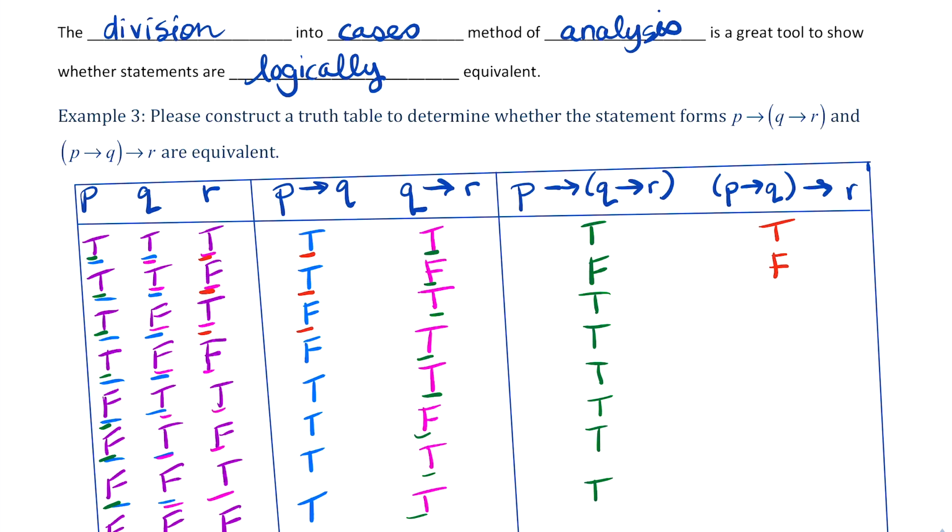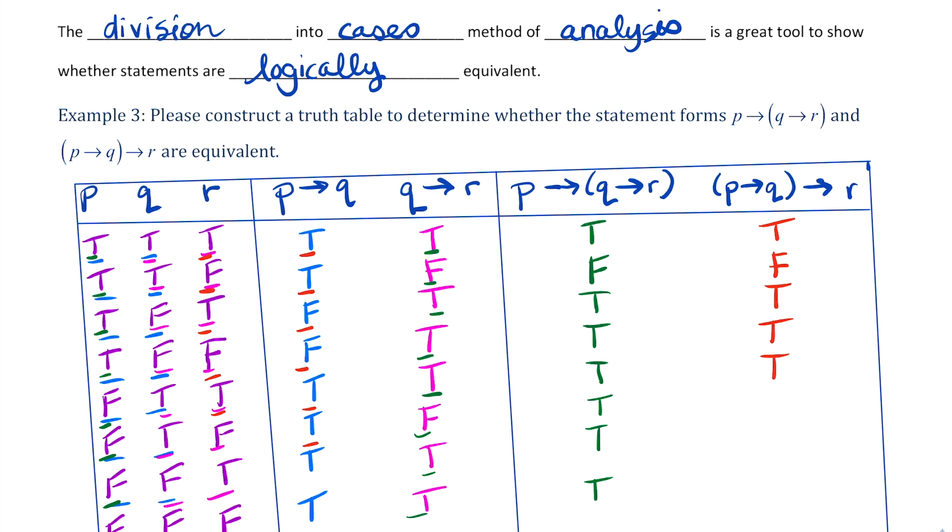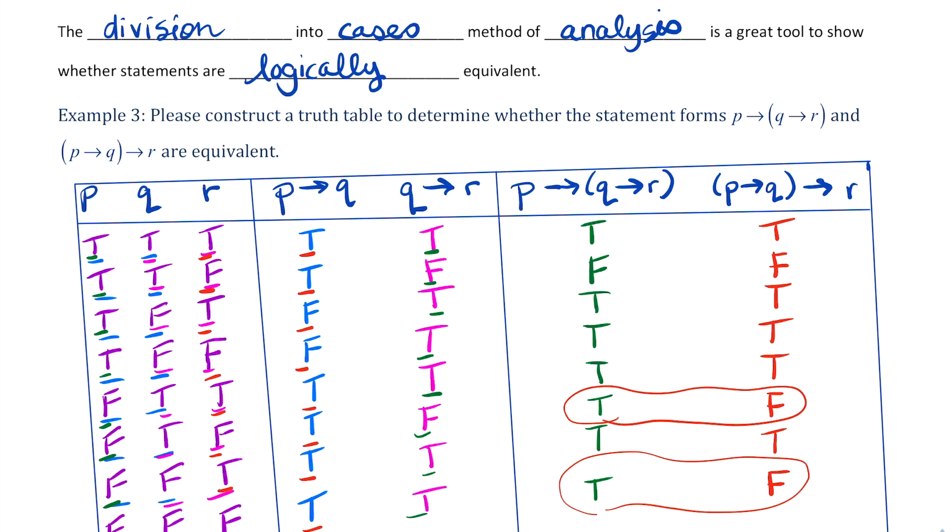False, true, true, false, false is also true, true, true is true, but true, false is false, right? Then we go back to true, true being true, and then we have another true, false.